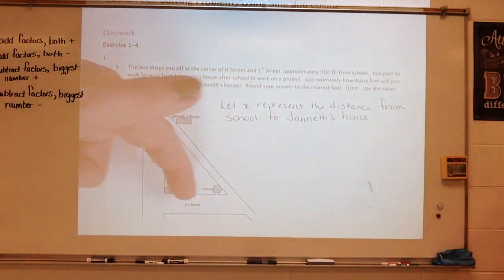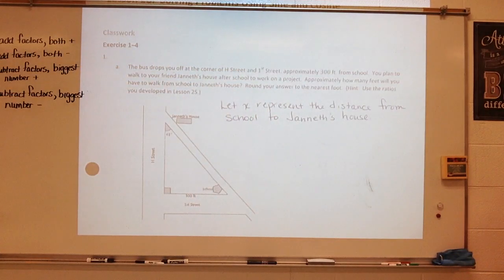I only know that I'm looking at the distance of 300 feet from school to where the school bus dropped me off. So if I had the measure of another side, I could use the Pythagorean theorem and I would be able to solve this, figuring out how far this is, or figuring out my hypotenuse. Okay? So I have to use the ratios that we have created in the last several lessons.